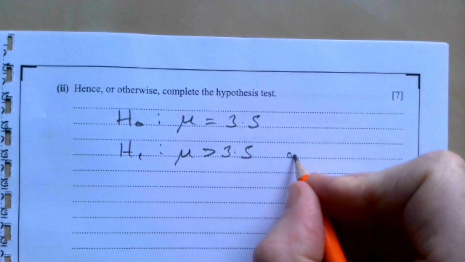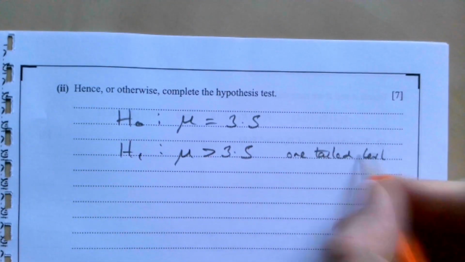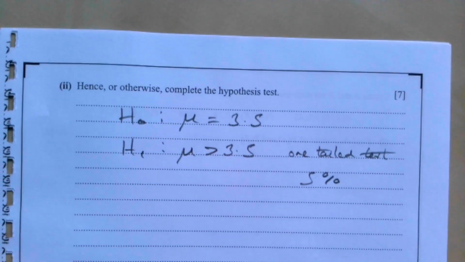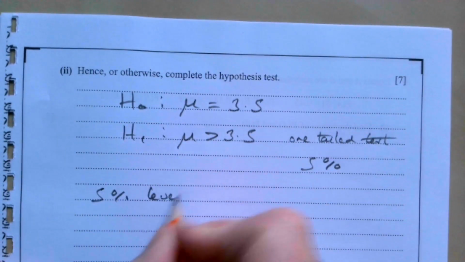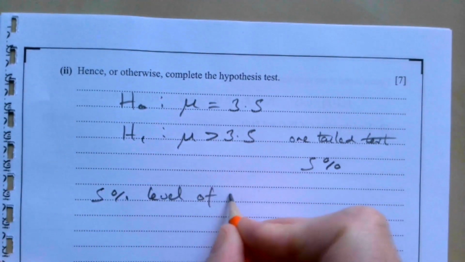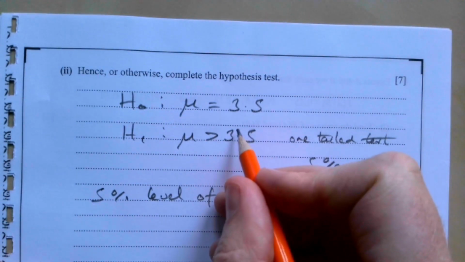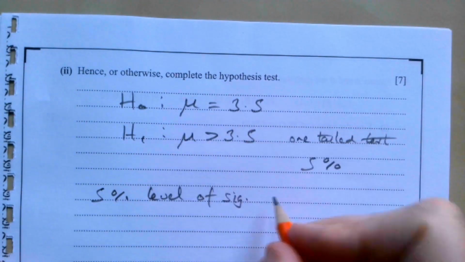So in that scenario we're going to do a one-tailed test at the 5% level of significance. So we're going to reject H0, as in we're going to say that the mean is no longer 3.5.